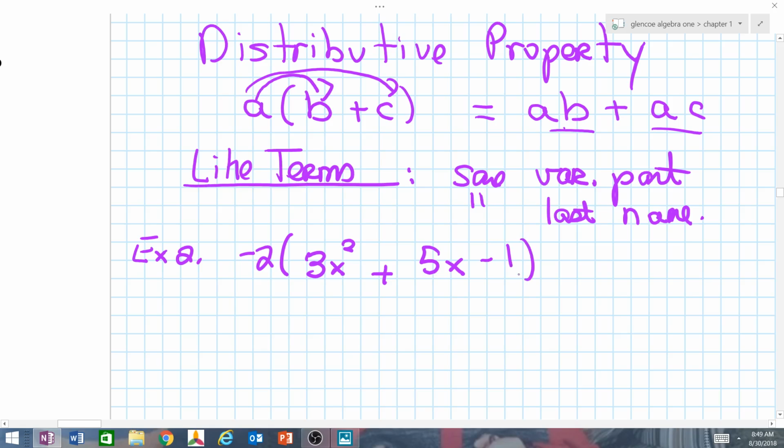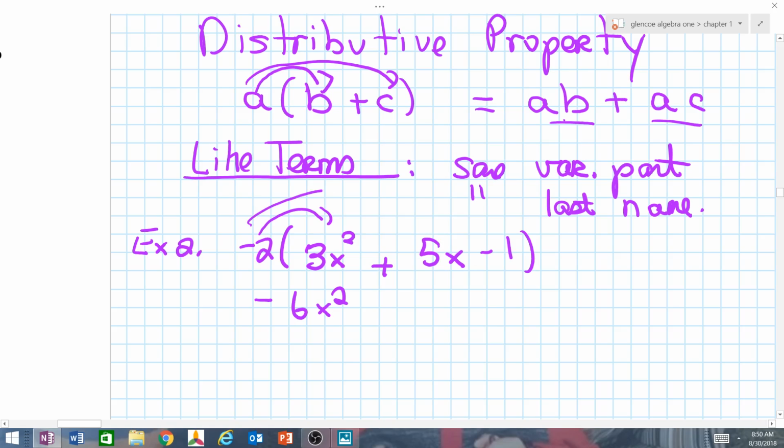Now we're going to use the distributive property. Negative 2 times 3x squared is a negative 6x squared. A negative 2 times 5x is a minus 10x. And a negative 2 times a negative 1 is a positive 2.